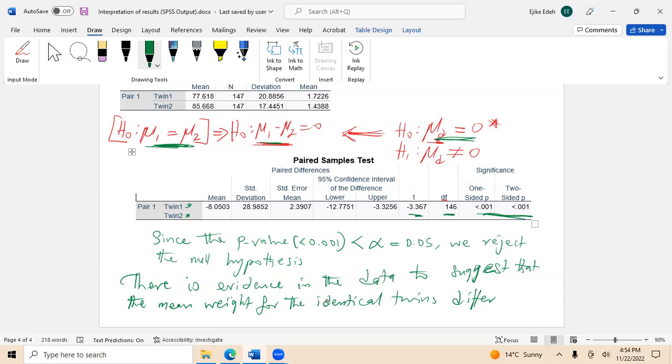Okay, and just like before, you're going to put the summary of that evidence, and you do it the same way. Your t, parenthesis, your degrees of freedom, which is 146 in this case, is equal to your test statistic, which is minus 3.367, right? Comma, then you add your p-value.